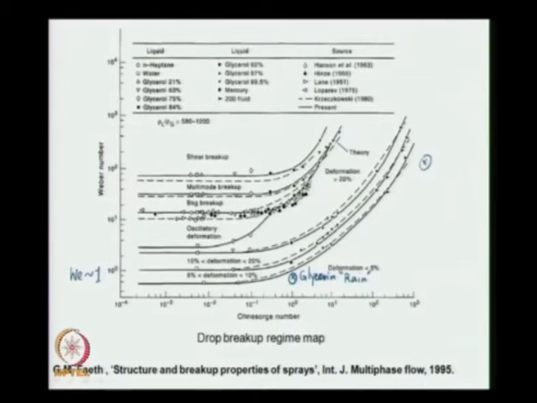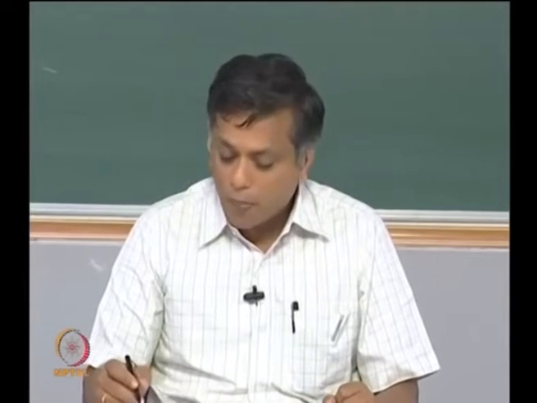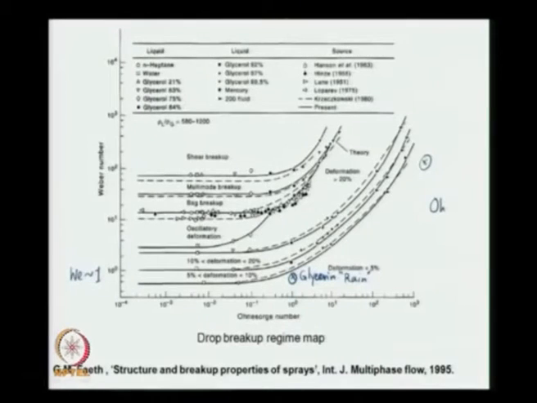So, if I want to create a nice and stable drop, I have to have a high Ohnesorge number for every given Weber number. Let us just write down what these are, so we know what we mean.